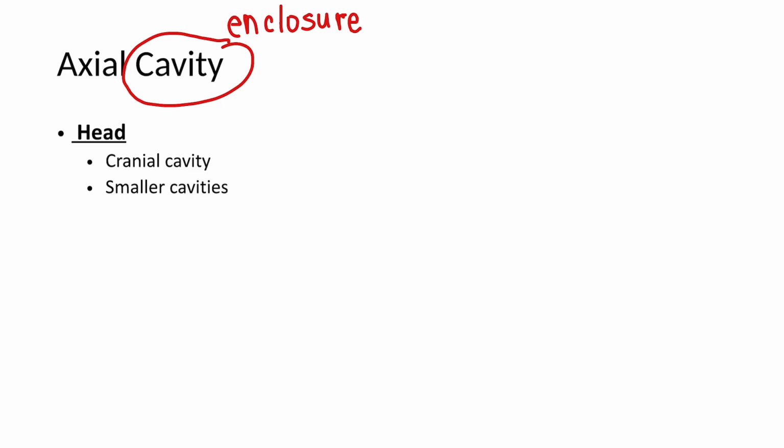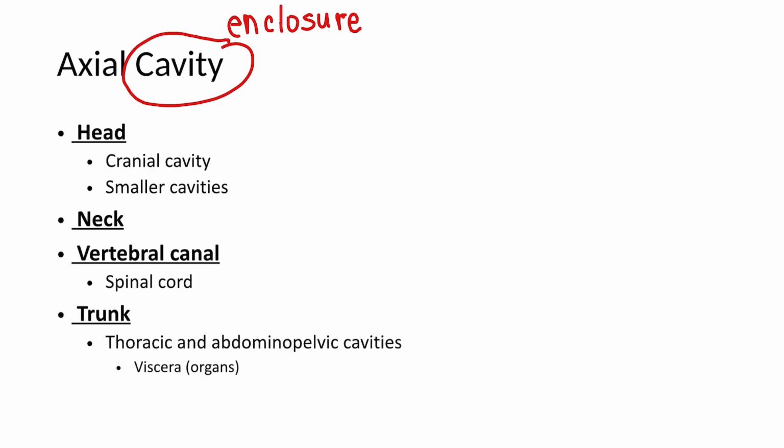So for the head, we can cut it up into the cranial cavity and then the smaller cavities. For the neck, it's just the neck. For the vertebral canal, it contains the spinal cord. And then for the trunk, we can cut it up into the thoracic cavity and then the abdominopelvic cavity.